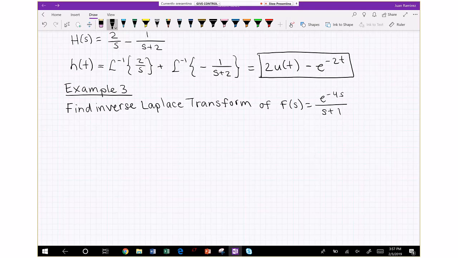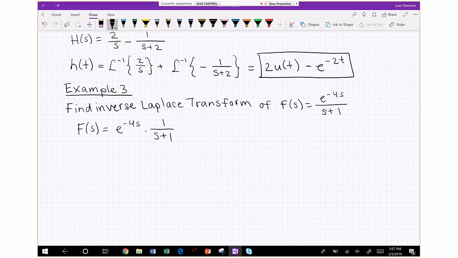But I could rewrite the function as e to the negative 4s times 1 over s plus 1. And then if I look at our Laplace transform properties table, you'll see that you can multiply an e to the negative as times some Laplace domain function F of s.